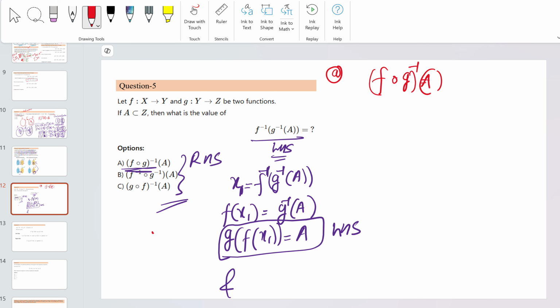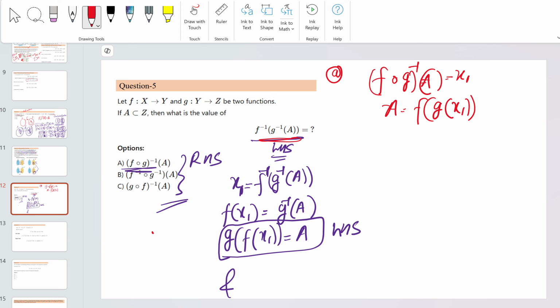What is this value? If both functions are equal, it means that both are equal to x1. Let's assume that it is equal to x1. It means that f of g of a is equal to, or you can say simply, a is equal to f of g of x1.